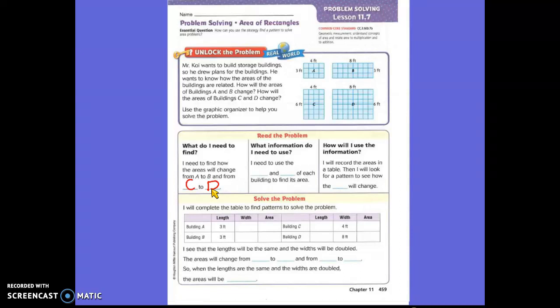Okay, what information will we use? I need to use the blank and blank of each building to find its area. What are you going to use? How do you find area? Counting the blocks. Okay, by counting the blocks or doing multiplication and division. But you could do the length and the width, right?